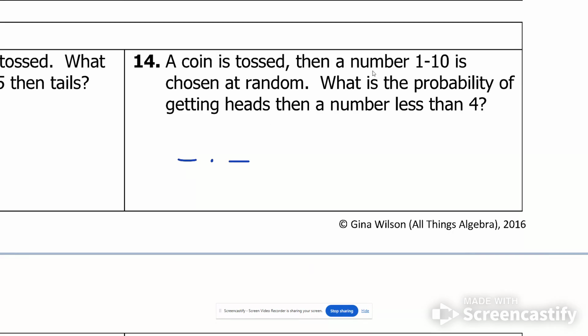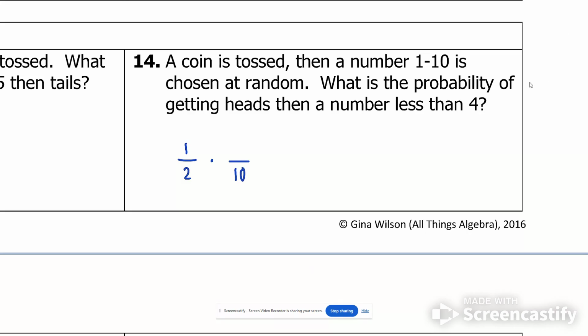So first, what's the probability of getting heads? Well, that's easy, right? We've talked about that a lot. There are only heads and tails, so there's 2 sides. There's only one side that's heads, so 1 out of 2. But then, what's the probability of getting a number less than 4? Well, remember, 1 through 10, it eliminates 0, obviously. 0's out. But it includes 10. So that's 10 possibilities, 1 through 10. But less than 4.